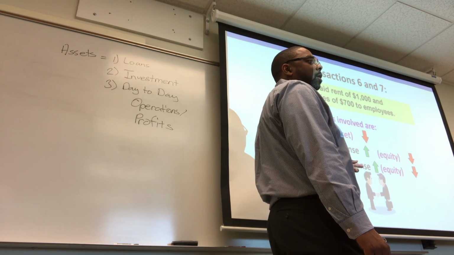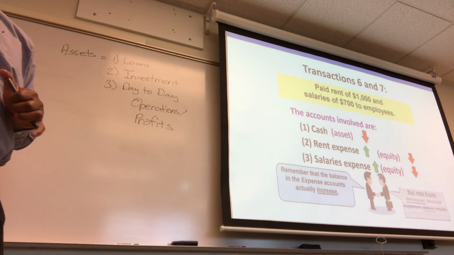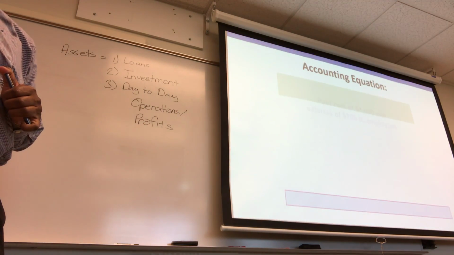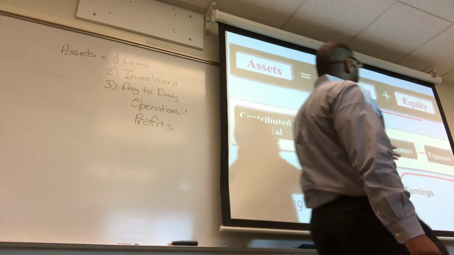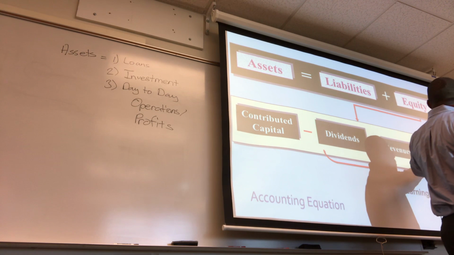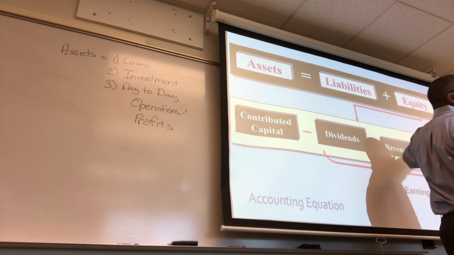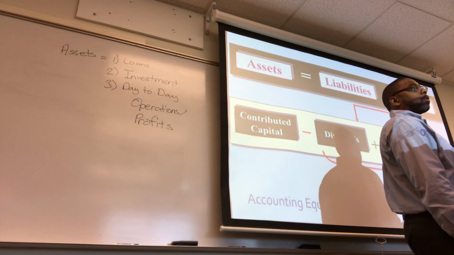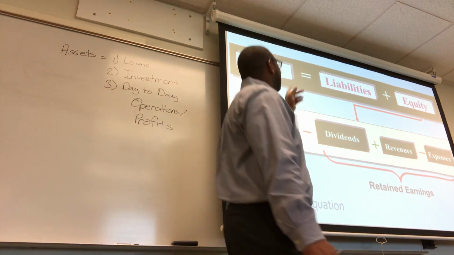How is this going to bring the accounts in balance? If you go back to the accounting equation, when we increase our expenses, the expenses are negative to the equity. So they'll go up, but this will be recognized as a negative.